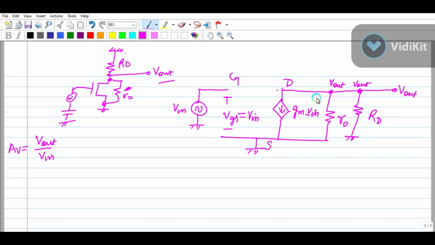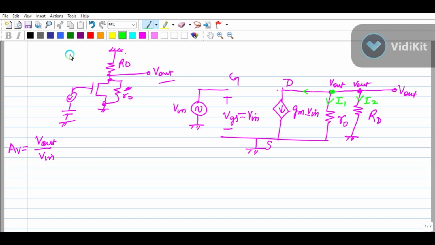So let's take a current flowing in this direction, that is I1, and one current flowing in this direction, I2, and there the current flowing is this much, GM V in. And let's apply KCL on this terminal.